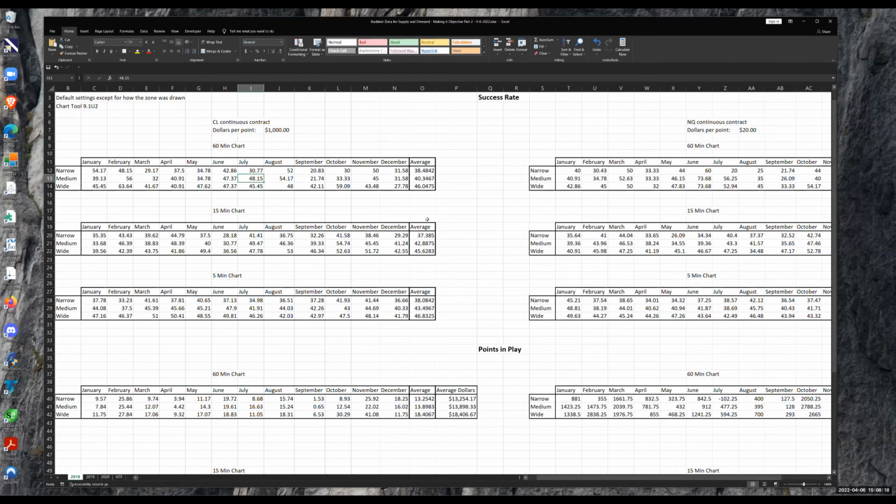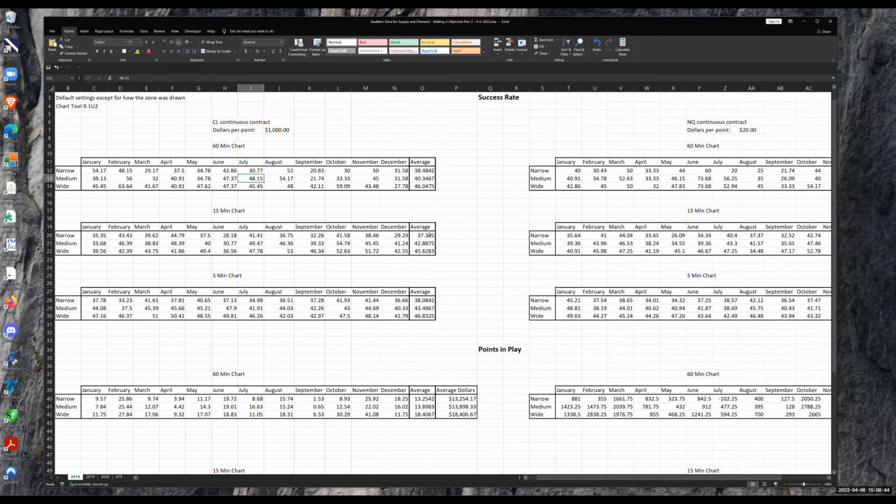If we go look at the 15-minute chart, we can see that this does not vary much from what we had on the 60-minute chart. The narrow zones on the 60-minute chart was 38.5. We'll round that up a bit. Here it's 37.4. So you're talking a 1-point difference.